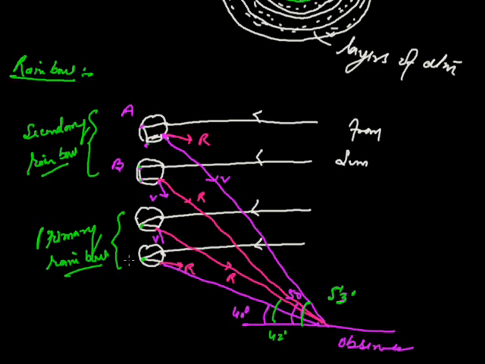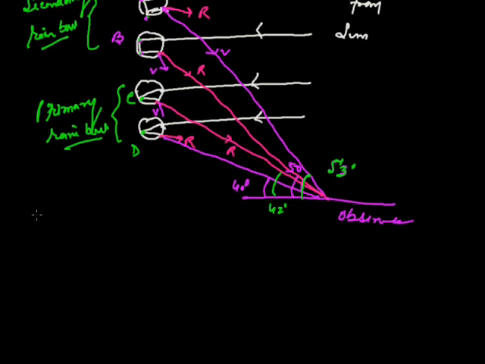In the primary rainbow the upper color will be red and the lower color will be violet. But in the secondary, the upper color will be violet and the lower color will be red. This shows that the intensity of the primary rainbow will be more in comparison to the secondary rainbow.